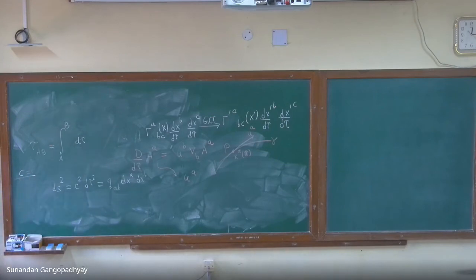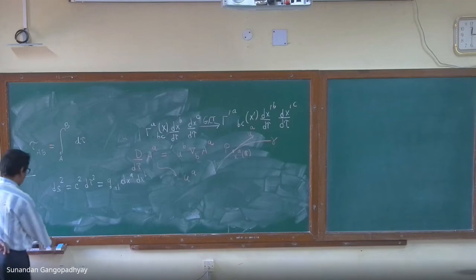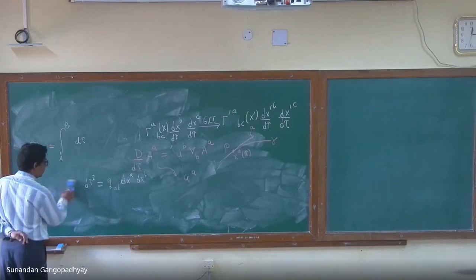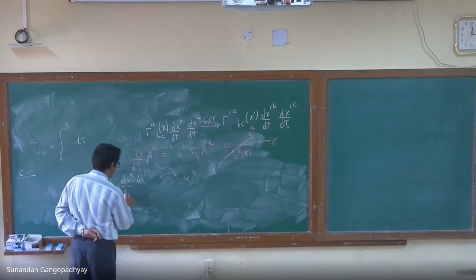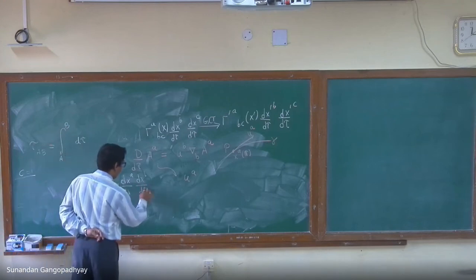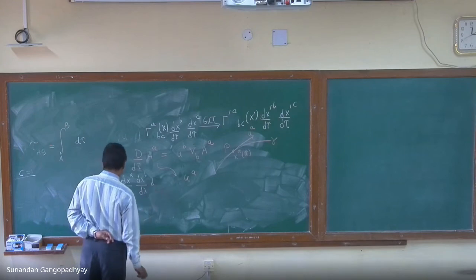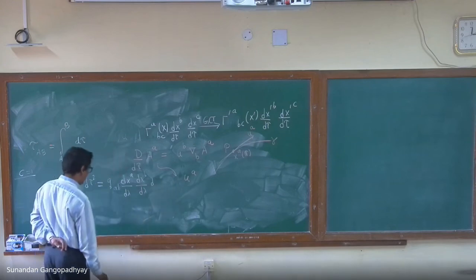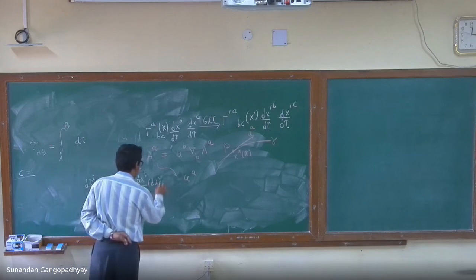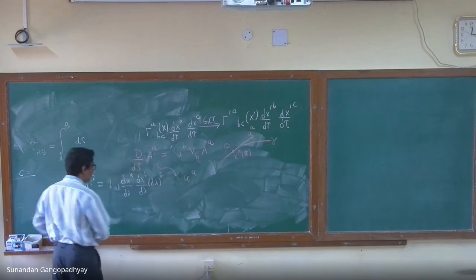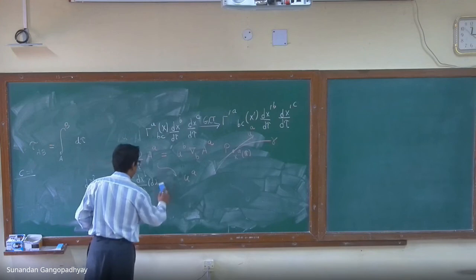You can also keep c. That is not a very difficult task. Then just divide by d lambda, and d lambda into d lambda.